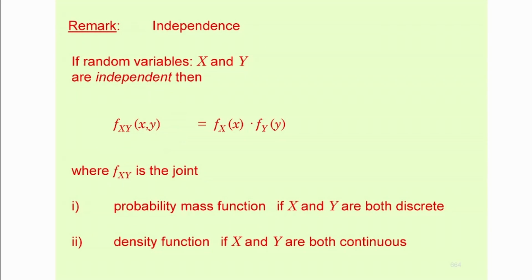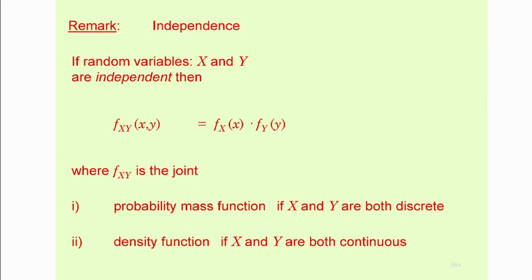Now, this is also true the other way around. When it comes to discrete random variables, if you find that their joint probability mass function corresponds to the product of their marginal probability mass functions at every point, then you will have independence in the discrete case.